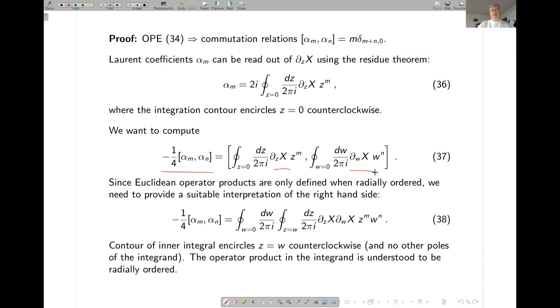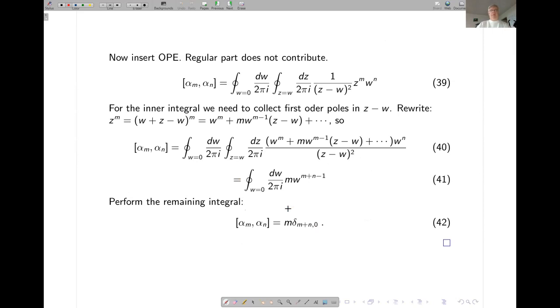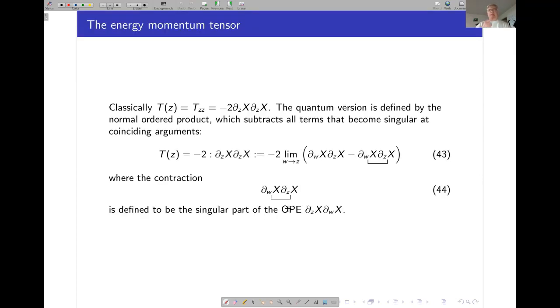So 37, as it stands, was not so well defined, but we found that we could encode the information that we want to know a commutator by making a choice of integration contour. That's one of the most important formulas that we have, this encoding of commutators using a choice of contour. And well, then we convinced ourselves that we can get back commutators.